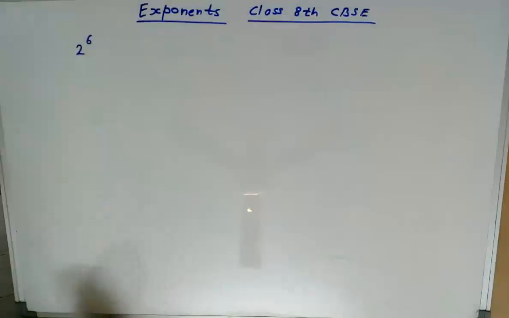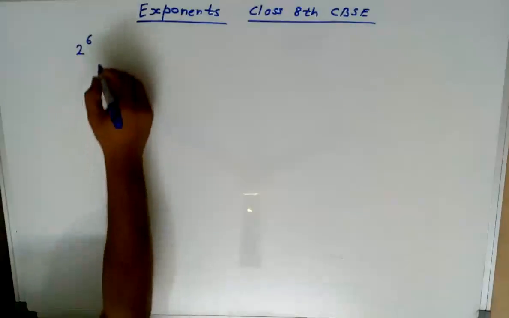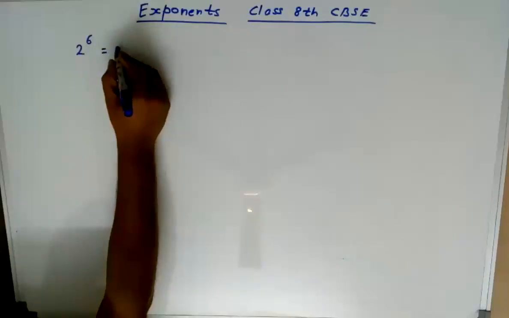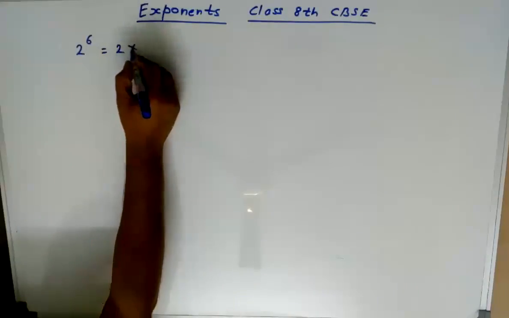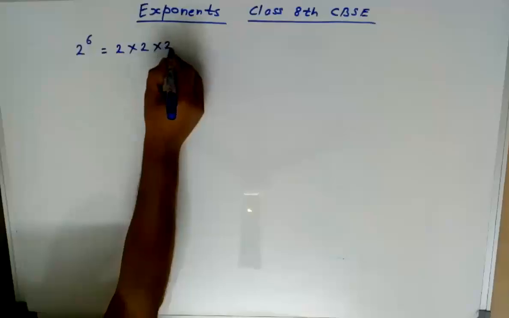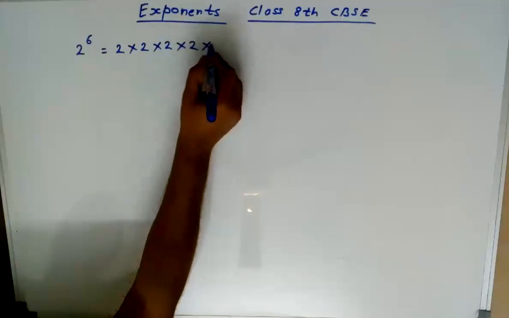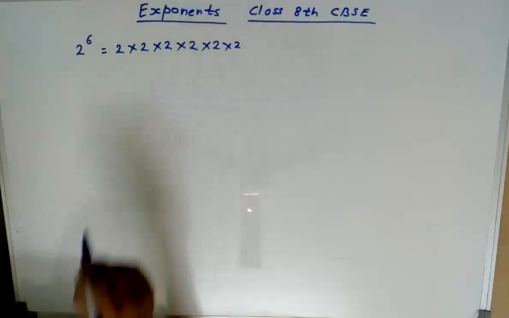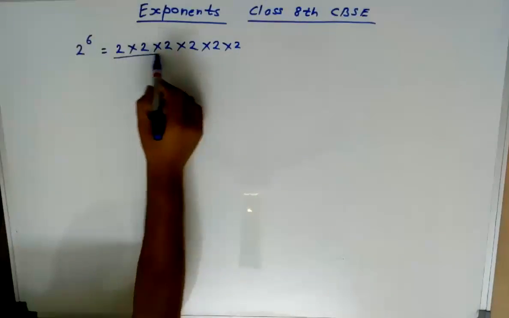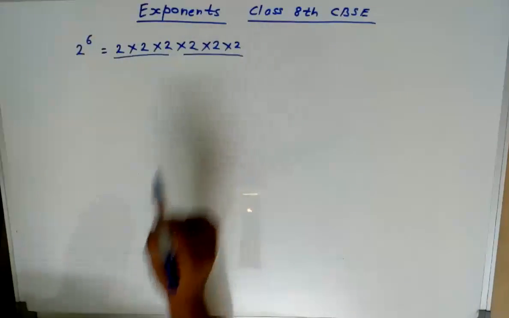Now, what is the meaning of this exponent? It means 2 into 2 into 2 into 2 into 2 into 2. So it is 6 times, 3 and 3, total 6 times.